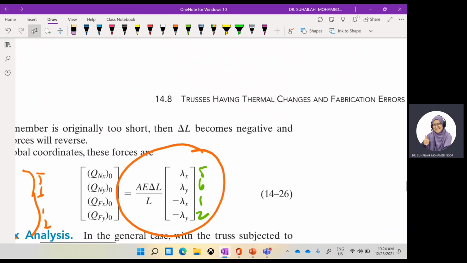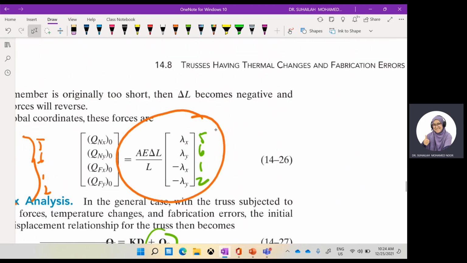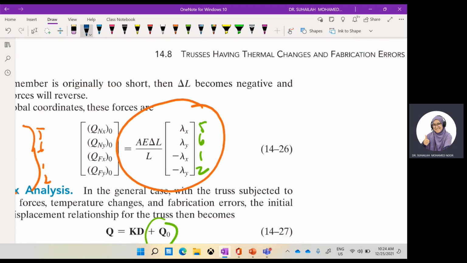Delta L is in meters, L in meters, so this will be cancelled. Lambda X, lambda Y or CX, CY have no unit.